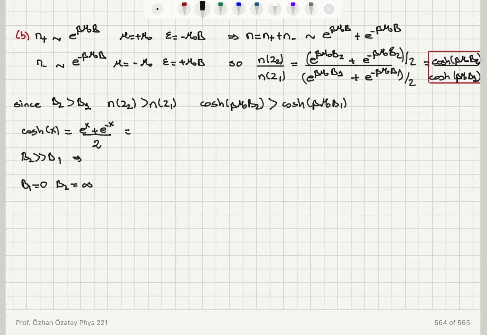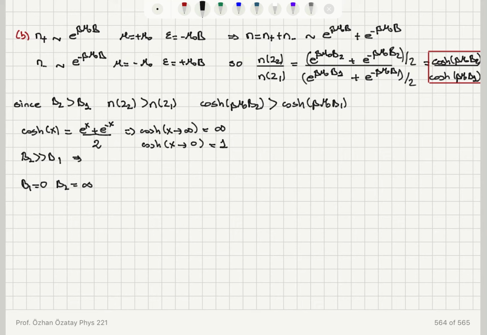Well, if b2 is infinity, you will have e to the minus infinity going to 0. Cosine hyperbolic x as x goes to infinity is going to become infinite. And cosine hyperbolic x as x goes to 0 will become e to the 0 plus e to the minus 0 over 2, which is 1.